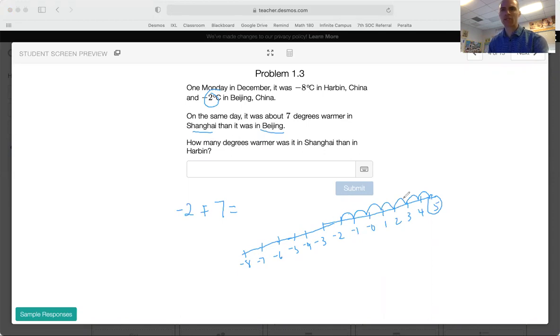It doesn't really matter which, and figure out this temperature. So we knew that this was 7, right? So from 5, 1, 2, 3, 4, 5, 6, 7. This one I just drew as the 8th. 9, 10, 11, 12, 13. So there's 13 spaces between -8 and +5. So that would mean that it's 13 degrees warmer in Shanghai.